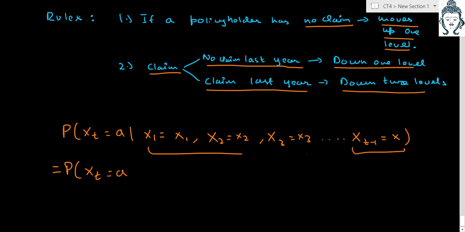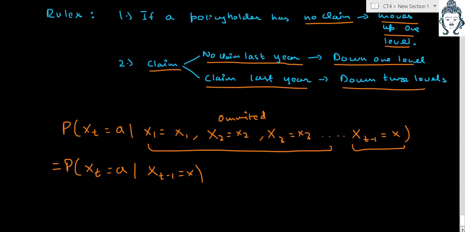So all these other values can be omitted, that is, they do not matter. That is what the Markov property means, given that X_{t-1} is equal to x.